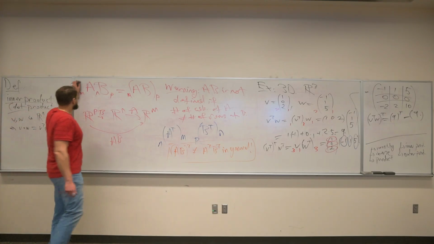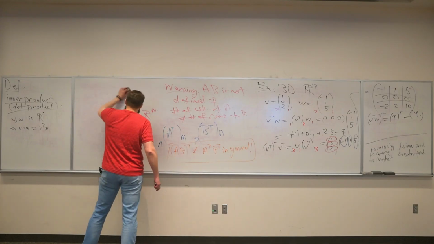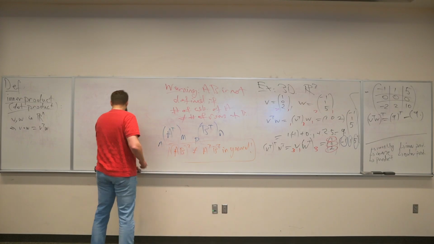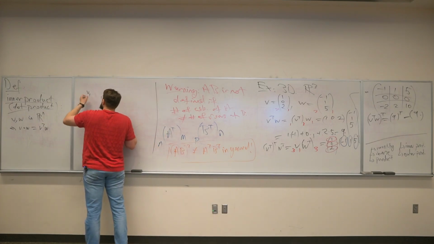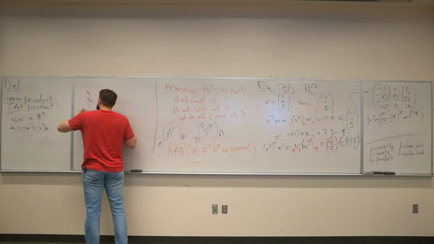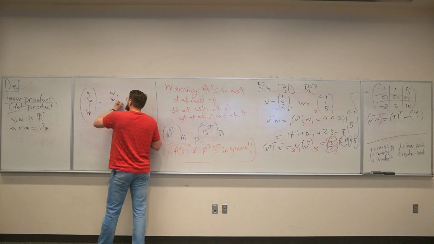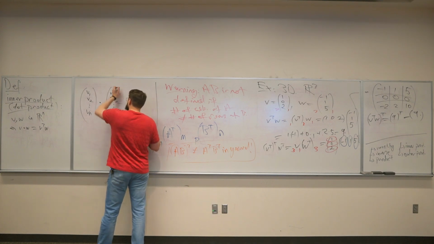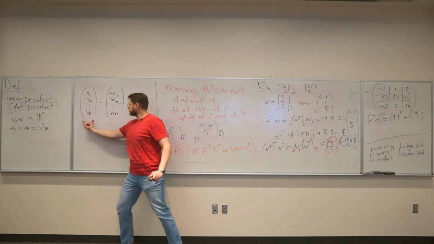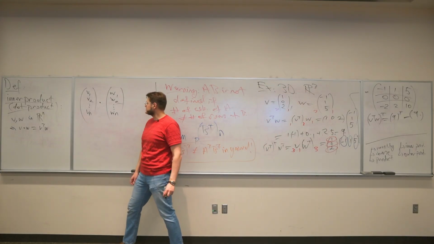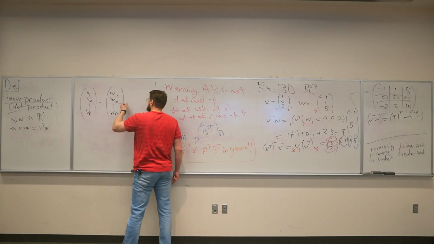So I'll write it explicitly as well. If I have v1, v2, dot, dot, dot, vn, and I'm dotting it against w1, w2, dot, dot, dot, wn, this dot is nothing but taking the transpose of this and matrix multiplying, in which case all you're going to get is the product of the corresponding entries all added up.